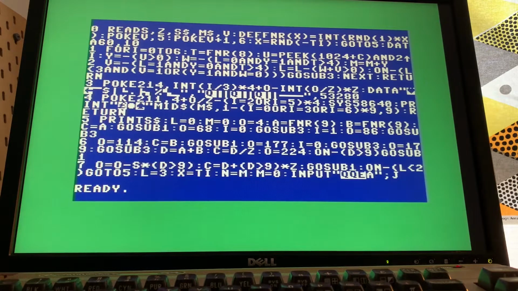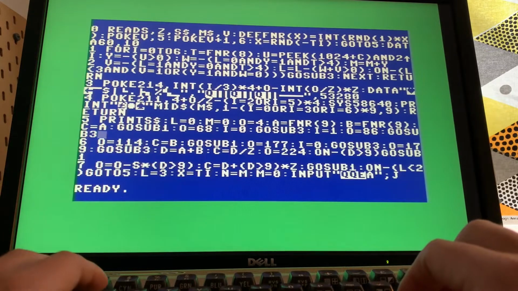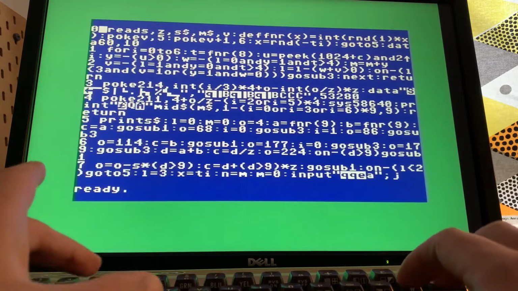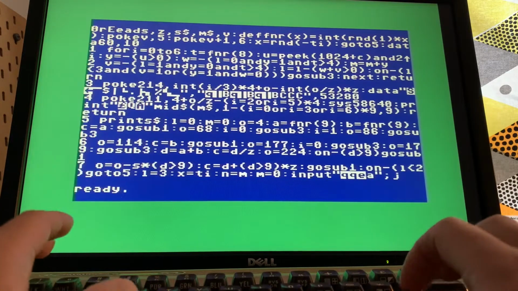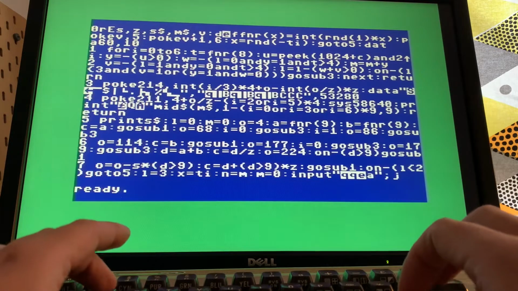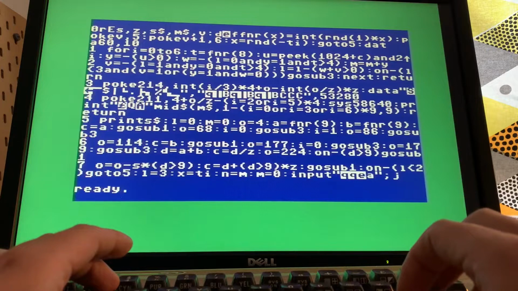So the challenge was that the line can only have 72 characters, and I used abbreviations. So you don't see these abbreviations here because BASIC expands them, but the abbreviation would look like this. READ, I changed it to lowercase because then you can easily see. For DIV, actually I don't remember this one.